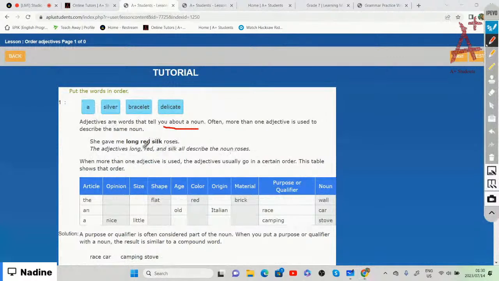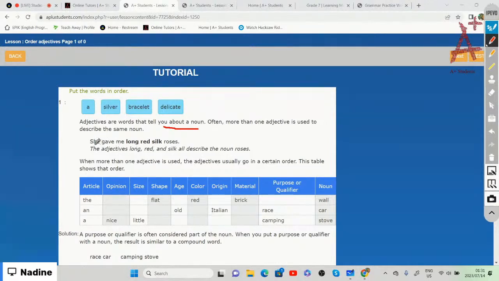So yes, you can have more than one adjective that describes one noun. You can say it is a beautiful red dress, which means you are saying it is beautiful, but you're also saying it is red. It's telling us about the dress, which is the noun.